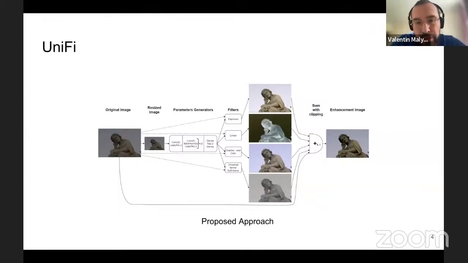I'll describe these filters later. So we get the transformations with each filter according to the produced parameters, and we combine the images we get from the filters, and we get the output image. So this is our approach in a nutshell.